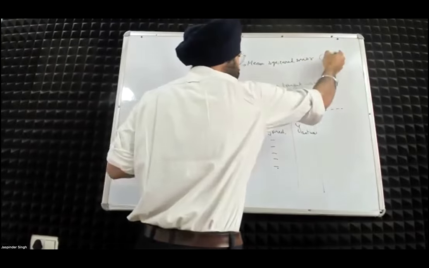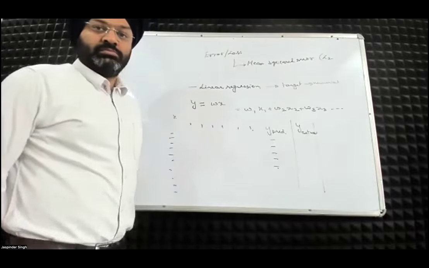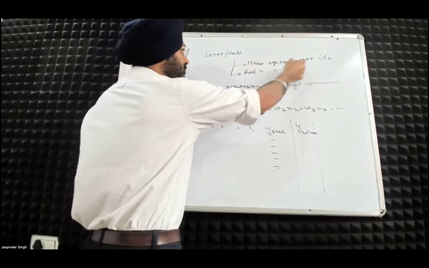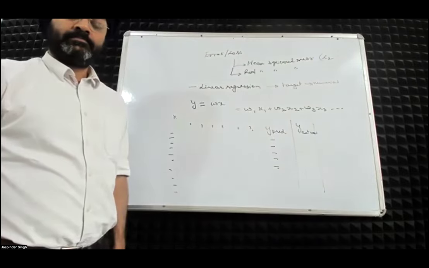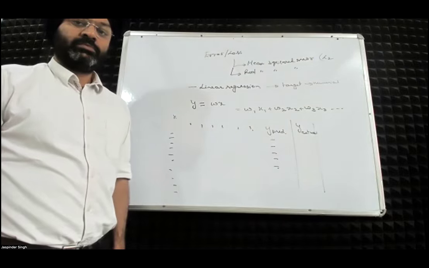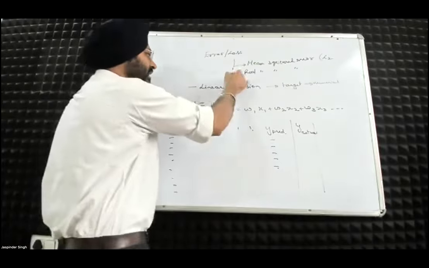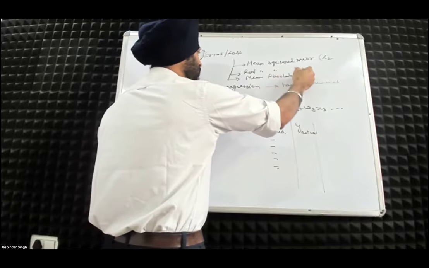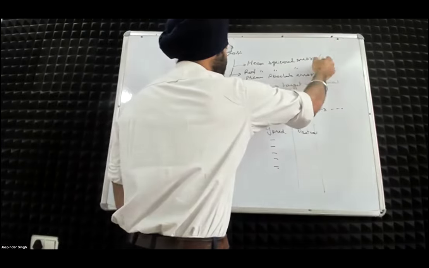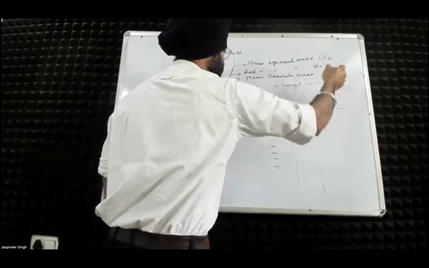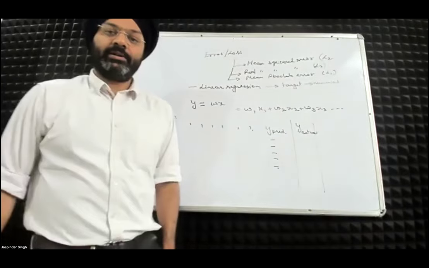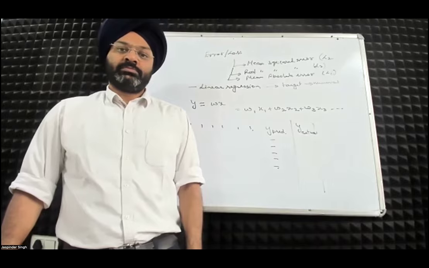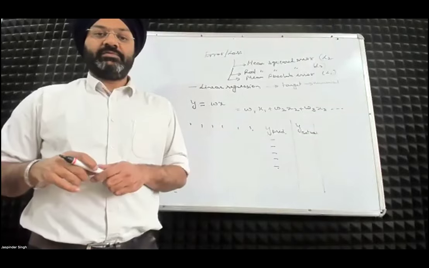We can have RMSE also, root mean square error. We can have mean absolute error also. These are L2 based and this is L1 based, Manhattan, when we take the absolute values and we take the difference between them. These are the different loss functions that we have.